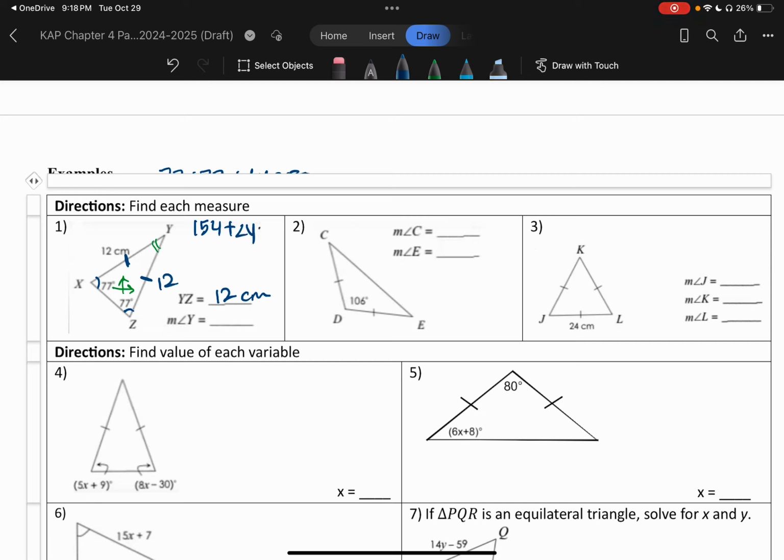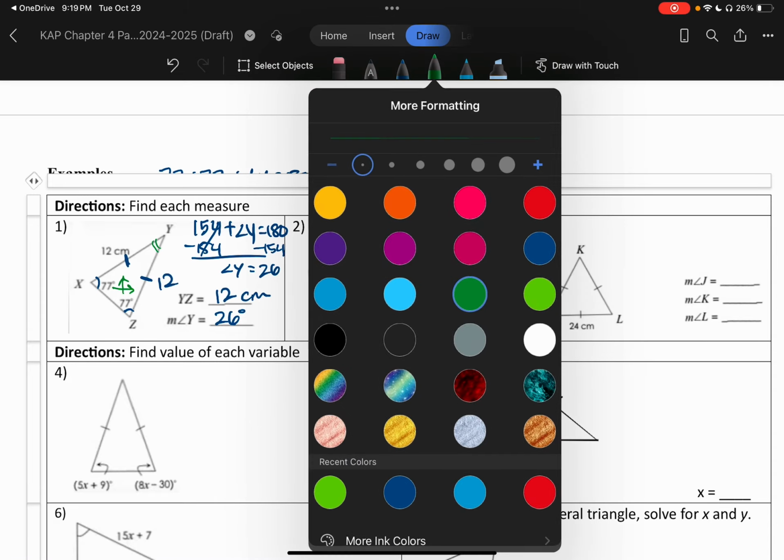So we got 154 plus angle Y is equal to 180. If I subtract 154 on both sides, angle Y is equal to 26. So the measure of angle Y is 26 degrees. Please remember when we're looking at angle measures, make sure that you're putting the degree symbol. Okay, so that's example 1.